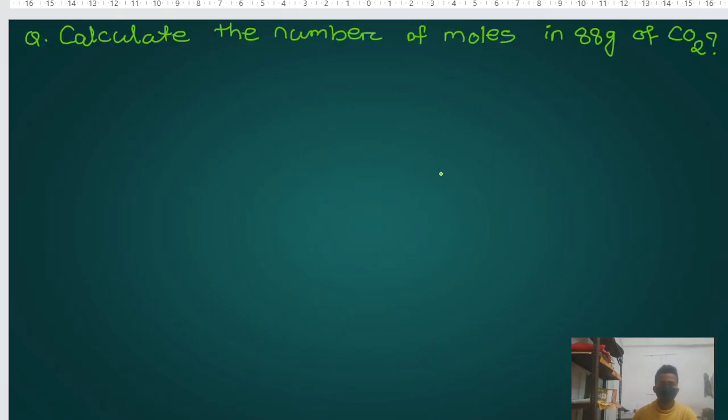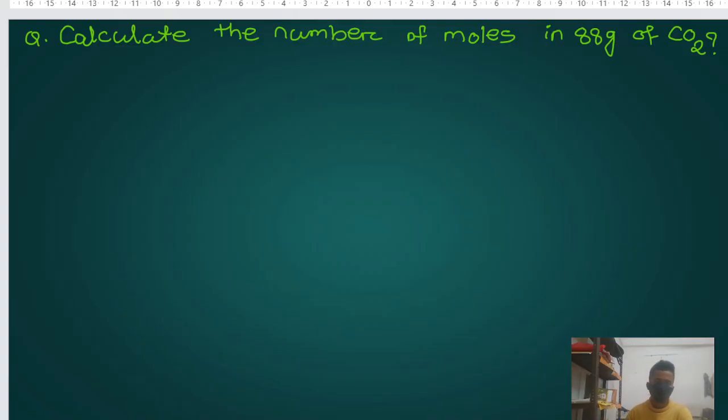Let's go. Calculate the number of moles in 88 gram of carbon dioxide. First of all, you have to read the questions very attentively. If you understand the question, then 50% of it you will have solved.